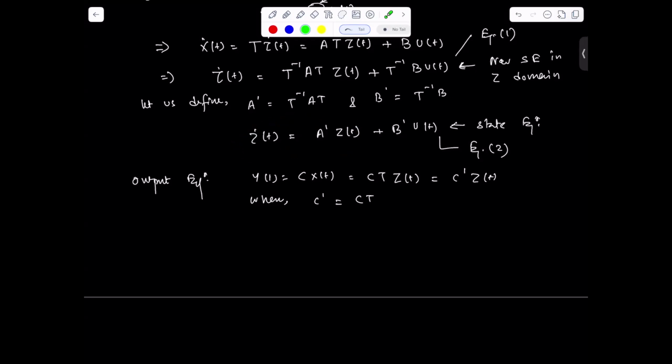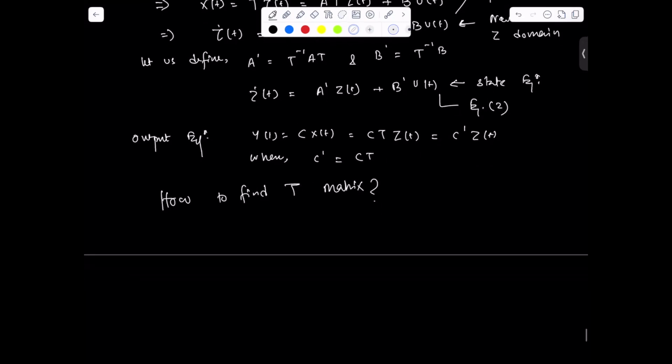So now the question is how to find the T matrix. Now we'll go through some linear algebra concepts to find this T matrix.